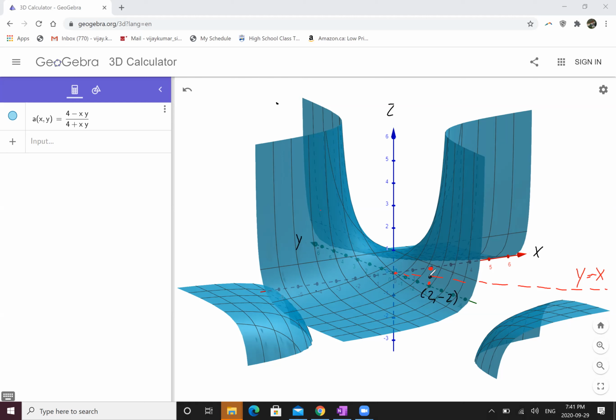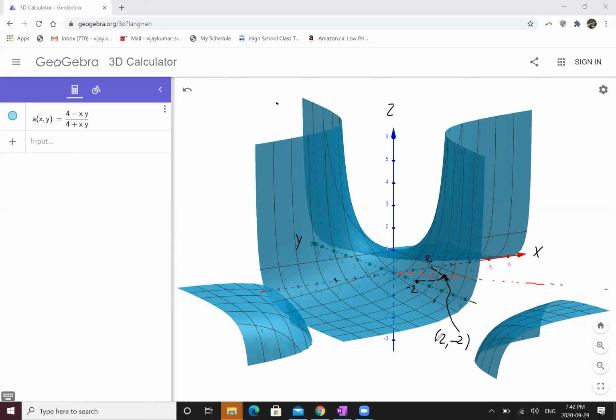So if you're approaching 2, minus 2, in the y-axis you have minus 2 here, in the x-axis you have 2, so the corresponding point is your 2, minus 2.